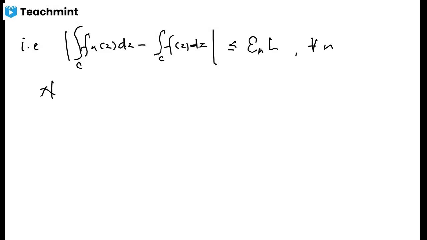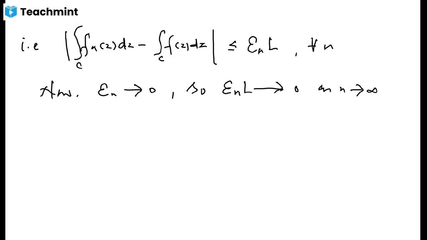And now by hypothesis, by definition, epsilon n goes to 0. But L is a constant, L is not going to change. C is a fixed curve, you are not changing it, so its length is not changing. So epsilon n times L will also go to 0 as n goes to infinity.